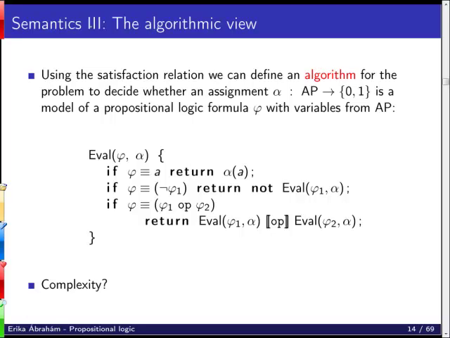Now we have not so many choices left. Now how many calls do I make? Let's say I have n binary operators in my formula. How many calls do I do? Yeah, kind of an upper bound.